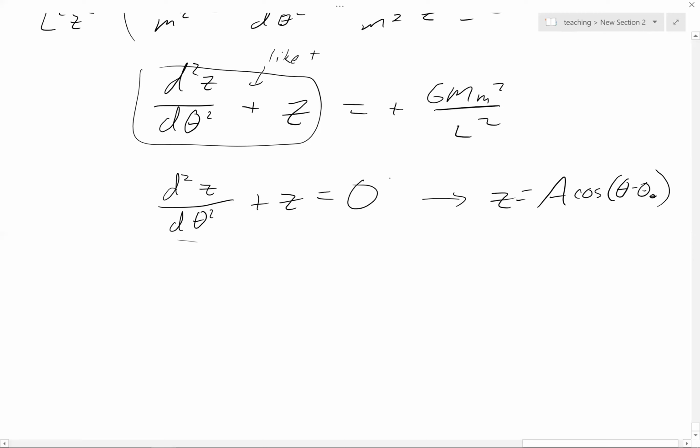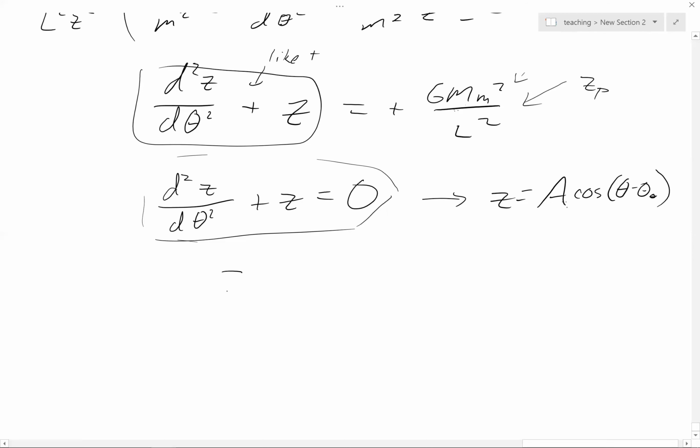Once I have the solution for one side 0, all I need to do is find any solution for the actual side I have. And then if I add that to this one, so this is called the homogeneous solution, I need a particular solution. If I find any solution for this equation, I add to that, that gives me the general solution. Well, a simple solution for this equation, this side's constant.